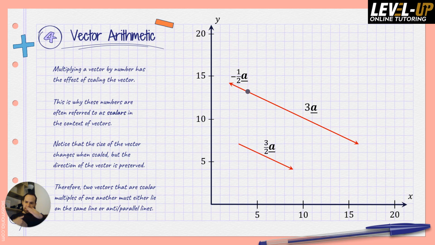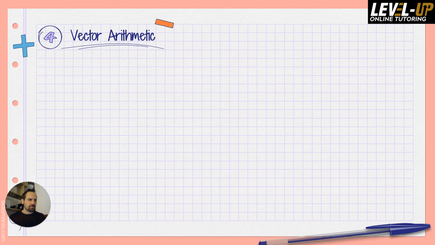And so anti-parallel means that they're parallel, but they're going in opposite directions. So you'd see 3/2a here is parallel to 3a, but it's anti-parallel to minus a half a, because minus a half a is parallel, but it's going in the opposite direction. So just in case you come across that word anti-parallel, that's what that means.